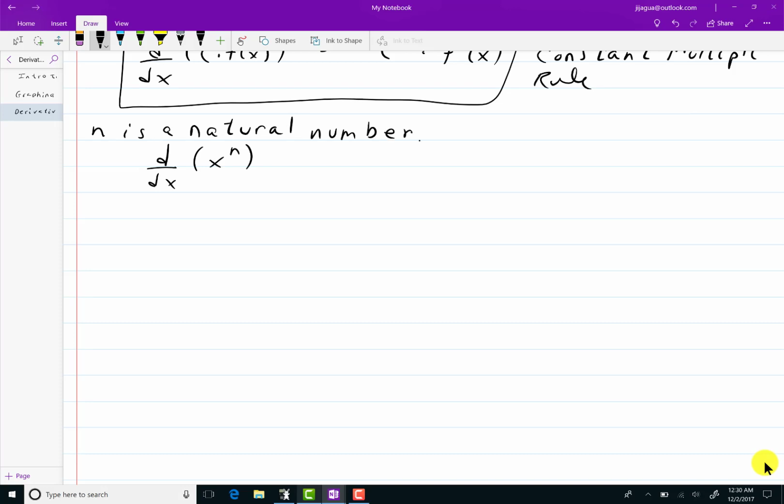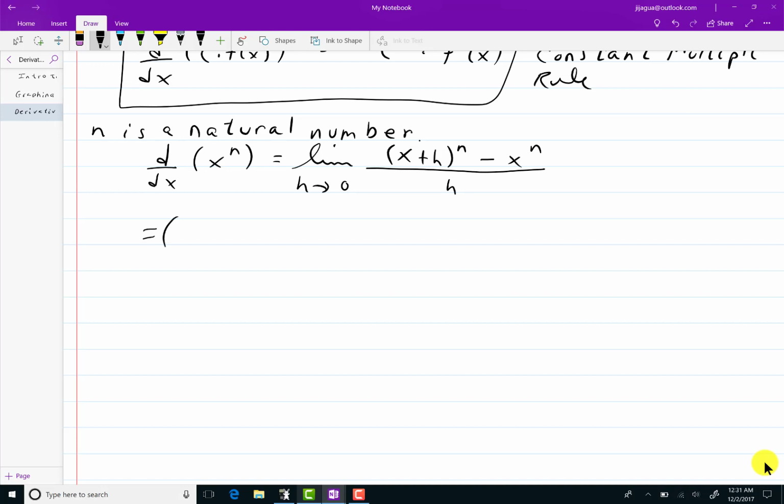Alright, so let's see what happens here. This is the limit as h goes to 0 of x plus h to the n minus x to the n all over h. Putting my equals all the way over here because I'm going to factor the numerator.